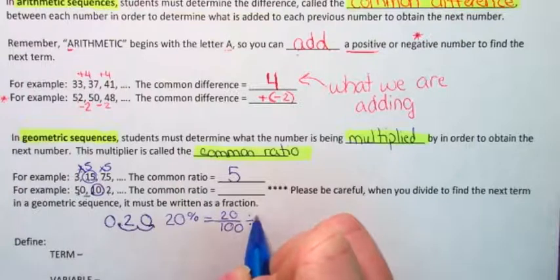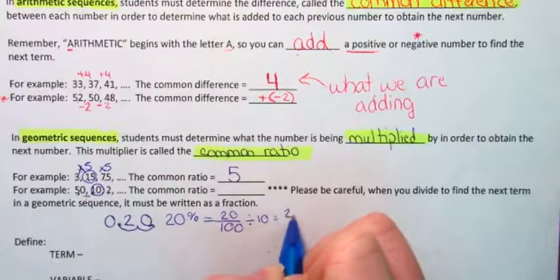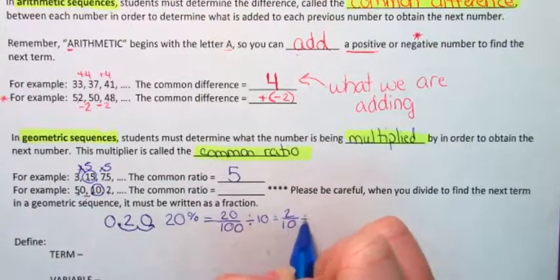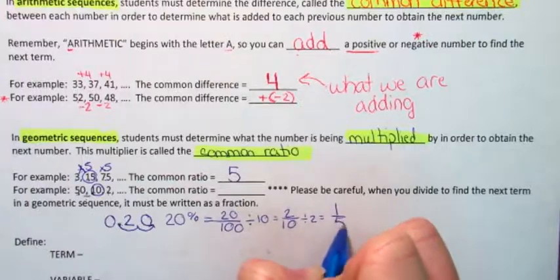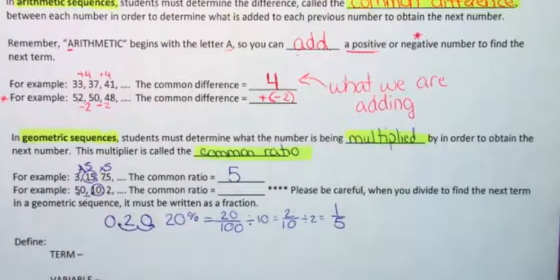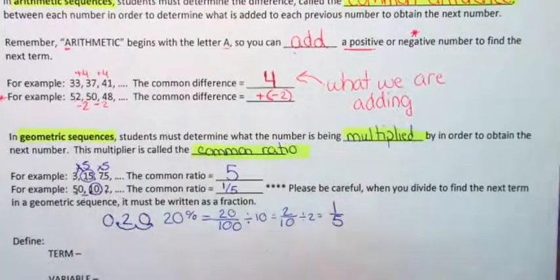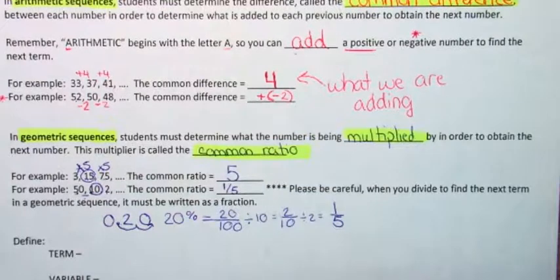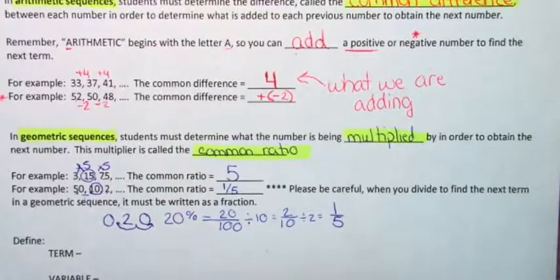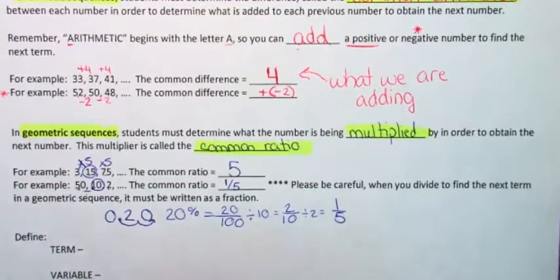Then I'll simplify. If I simplify by tens, I would get 2/10, and dividing by 2 gives me a fraction of 1/5. So my common ratio here is literally 1/5, if I multiply each number by 1/5.